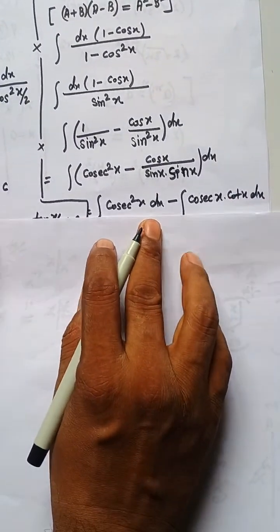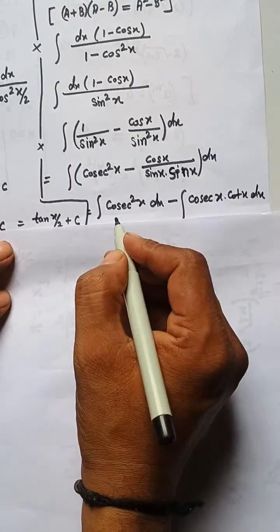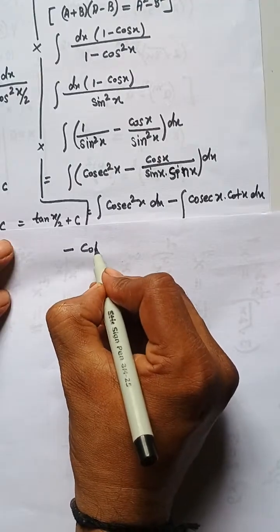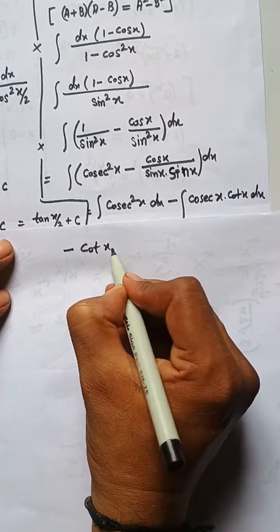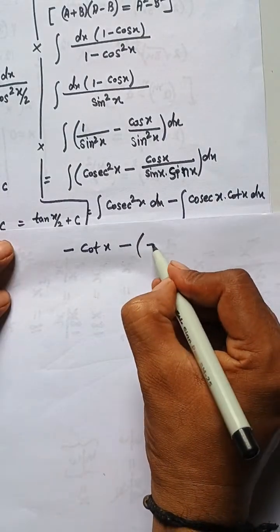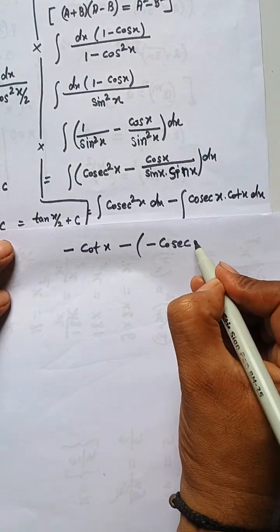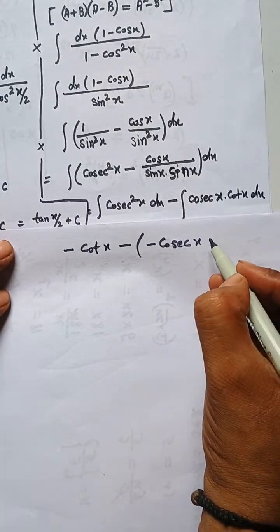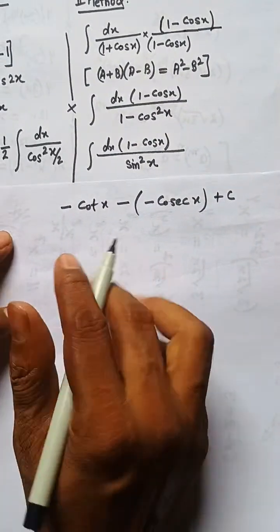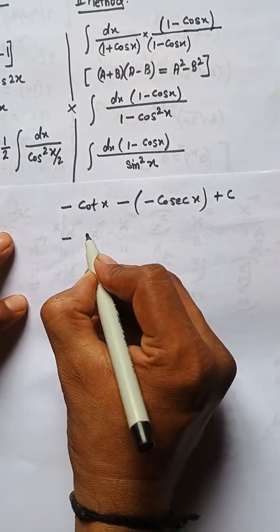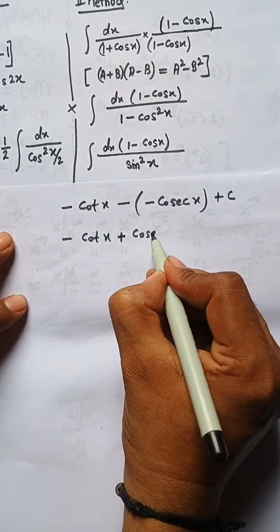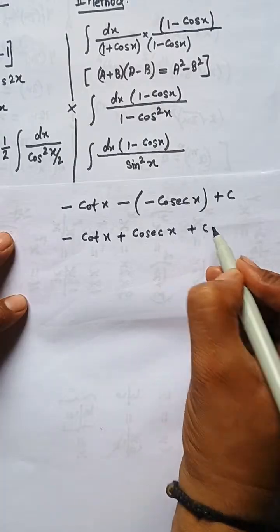The integration of cosec square x is minus cot x, then minus the integral of cosec x cot x, which is negative cosec x, and at the end we have plus c. So we have minus cot x, then minus minus makes plus, so we have plus cosec x plus c.